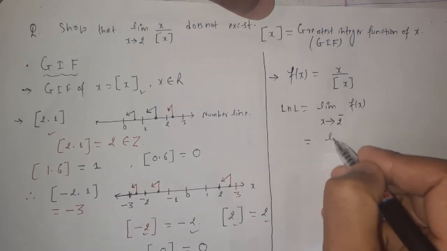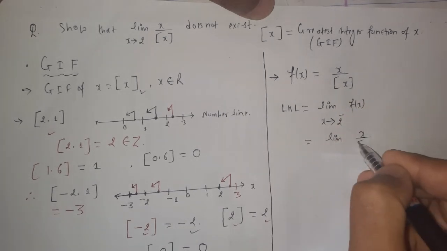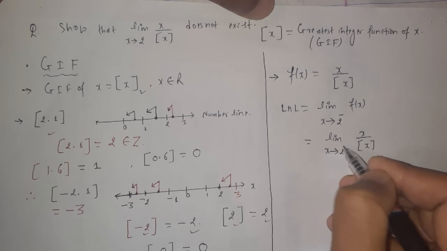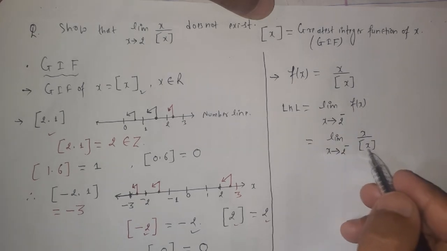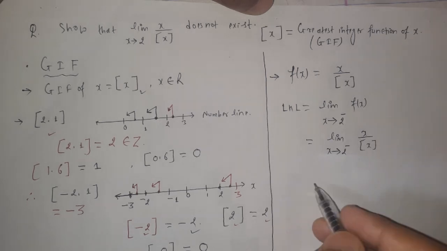Let's calculate. Here the limit of the function is x over the greatest integer of x, and x approaches 2 from the left. Let's calculate the greatest integer function of this x, and let's make a number line here.